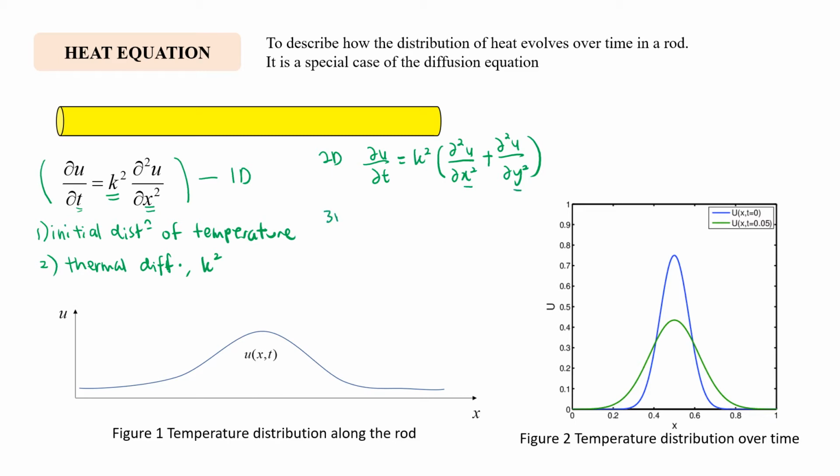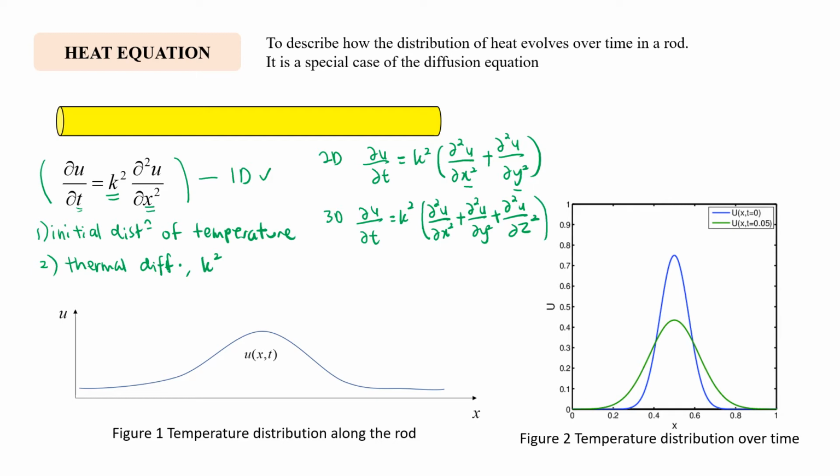And for 3D, the heat equation will be ∂u/∂t equals thermal diffusivity times ∂²u/∂x² plus ∂²u/∂y² plus ∂²u/∂z². But for this chapter, we only focus on the one-dimensional heat equation.